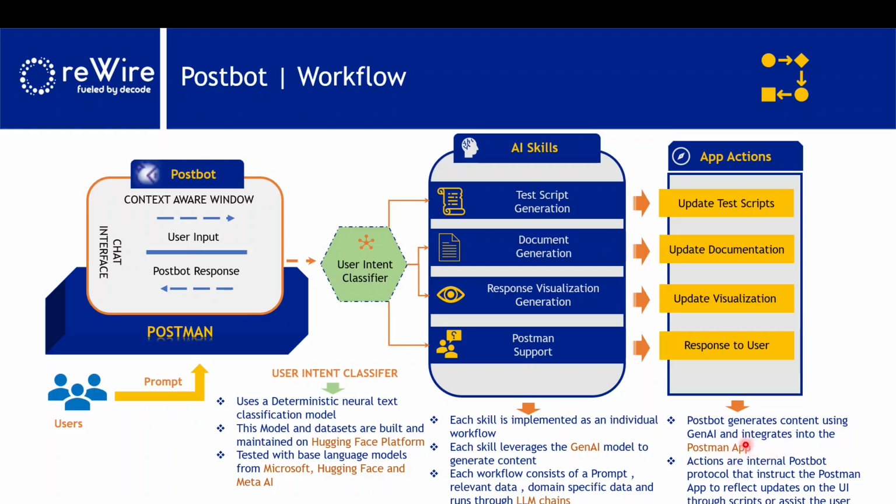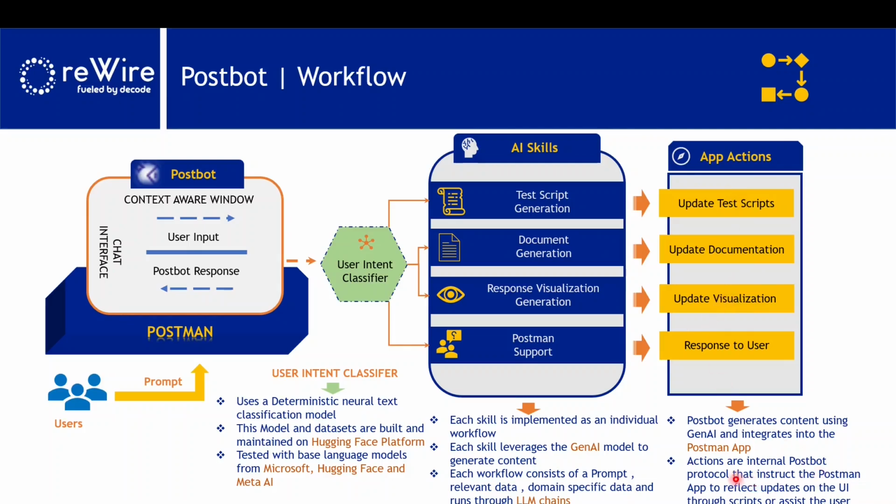You give the input and it is generated, but how it is fed to the Postman app, to be presented on the Postman UI layer so that the end user can view it, is taken care of by the app actions model.